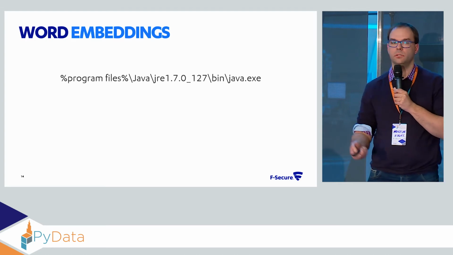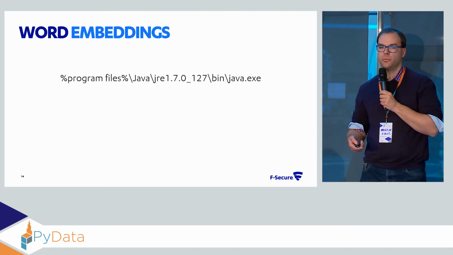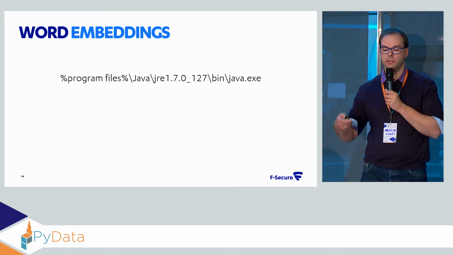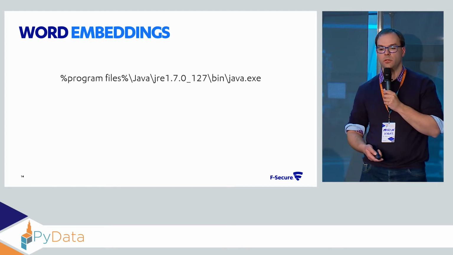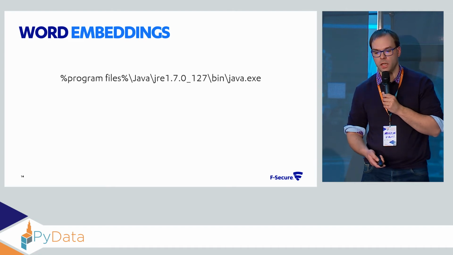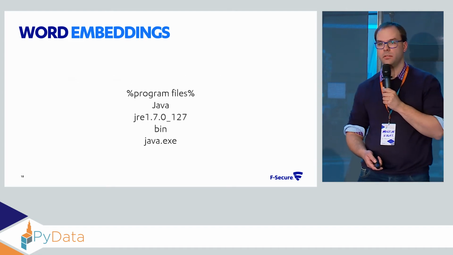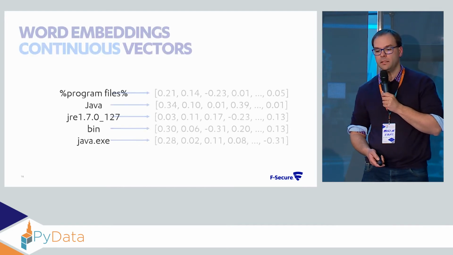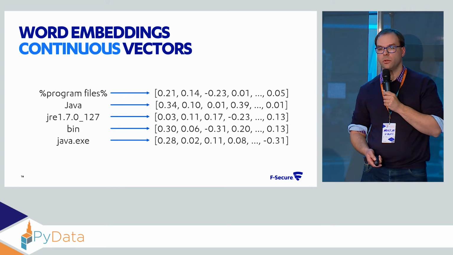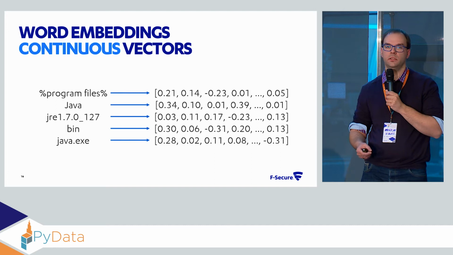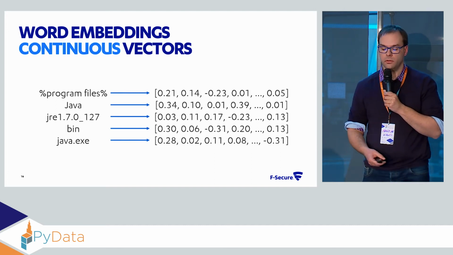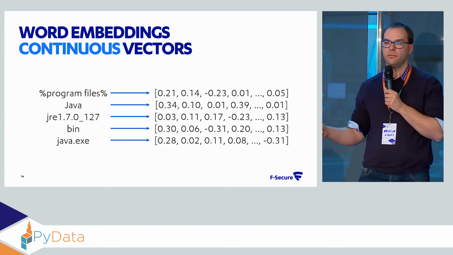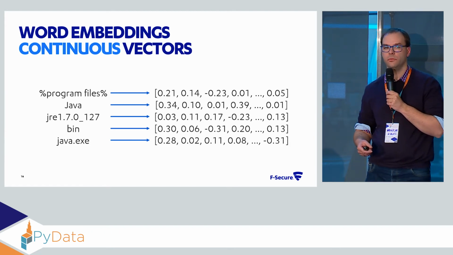In our case, when we talk about programs, like new process events, we could, for example, split by slash and then have words as directories and file names or program names. And then for each of these words, we would like to assign not a 1 or a 0 that says whether it exists or not, but a vector of floats, or real numbers, to have the representation in some continuous way.